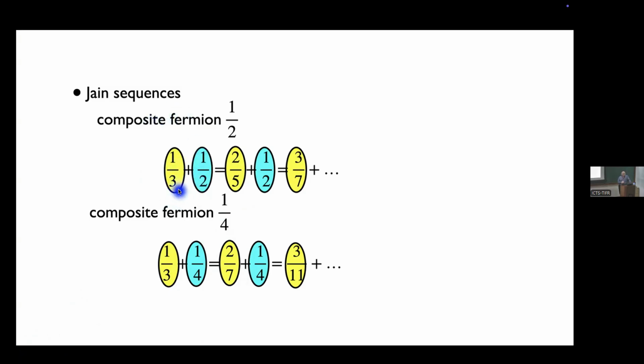So if I go up in the sequence, I absorb one composite fermion of the 1 in 2 variety, which takes me to 2/5. Absorbing another one takes me to 3/7. That has somewhat of an analogy to adding electrons in 1, 2, 3, 4 Landau levels in the integer Hall effect, but I'm not going to call this Landau levels, okay? And the same algebra going down, you add 1/4, and you go below 1/3: 1/3, 2/7, 3/11. So quite interesting.